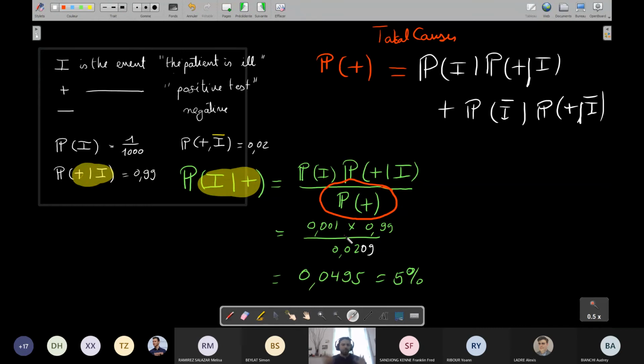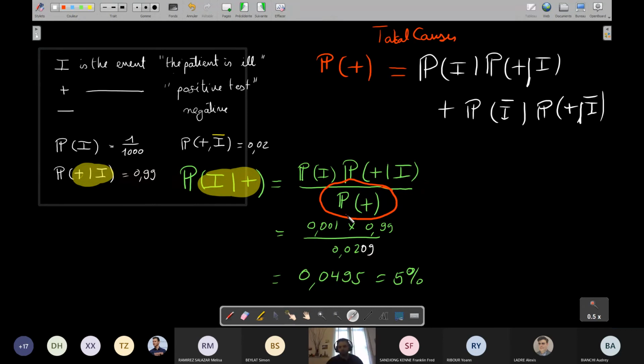If you want to increase the fraction, you can either increase this value or decrease this value. If you decrease this value, that means the probability of having a positive test is lower. Well, any other question? Is it more clearer, Audrey? Try to rethink about it. Yes, thank you. Perfect.